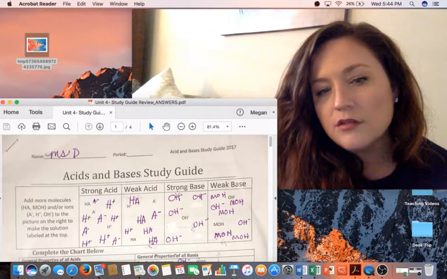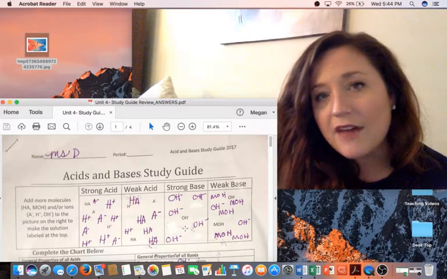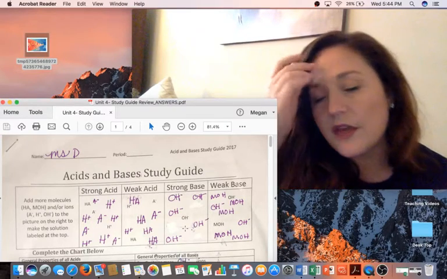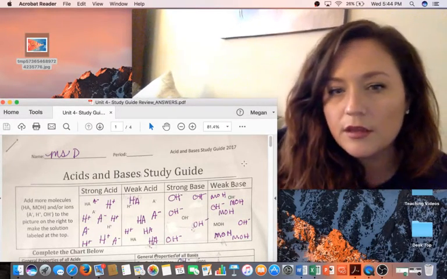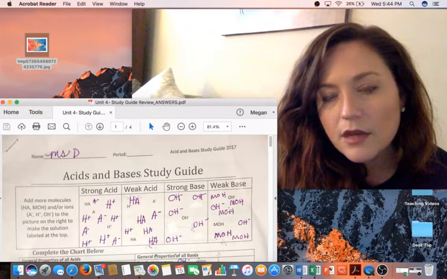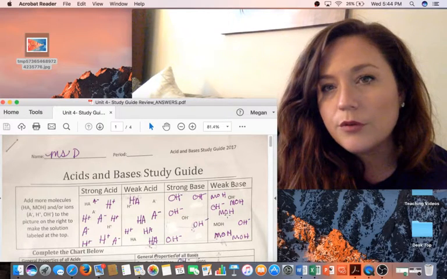Then strong bases, you'll see the OHs, hydroxide. They have ionized and dissociated from the other molecules as well, and they're running around trying to find hydrogen to bond with. Then weak bases, same principle.